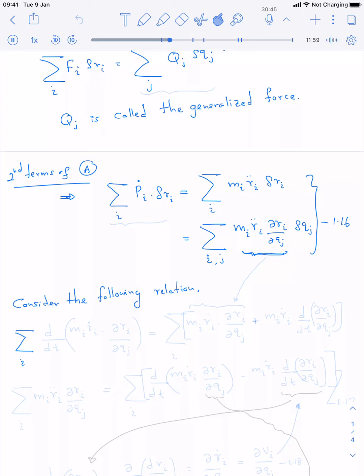If I consider the differentiation of the term Mi Ri dot times dabba Ri over dabba Qj, I can differentiate this expression using the multiplication rule.